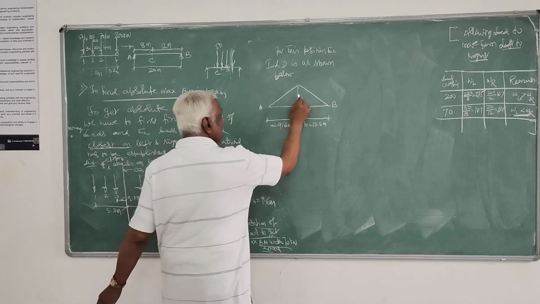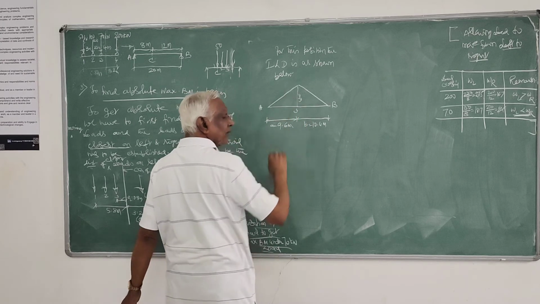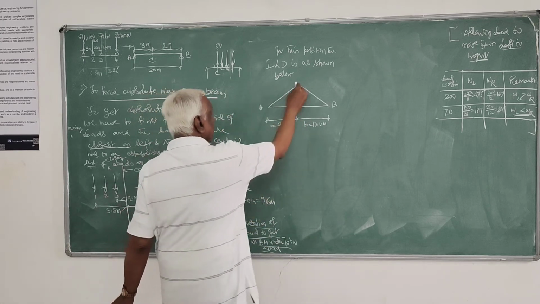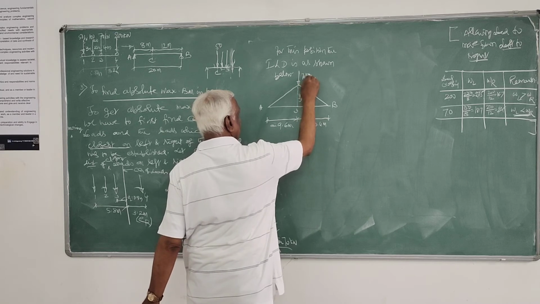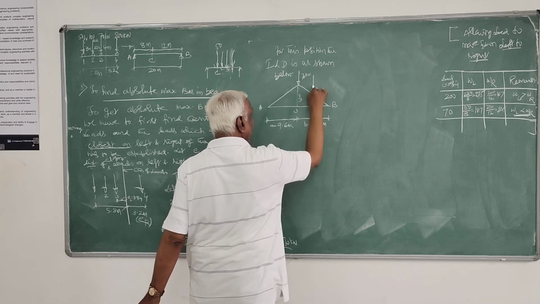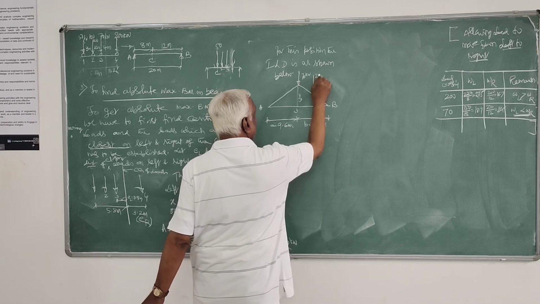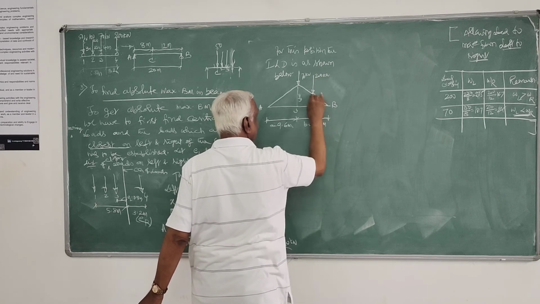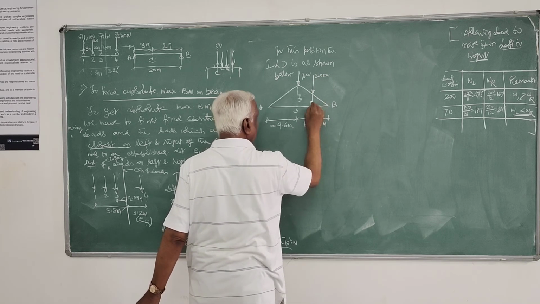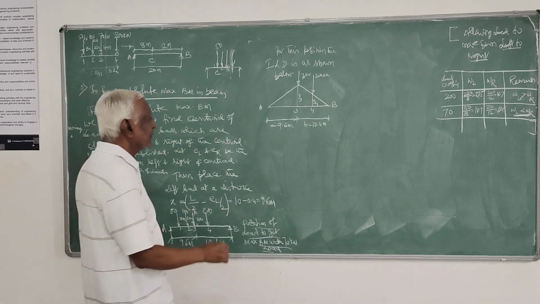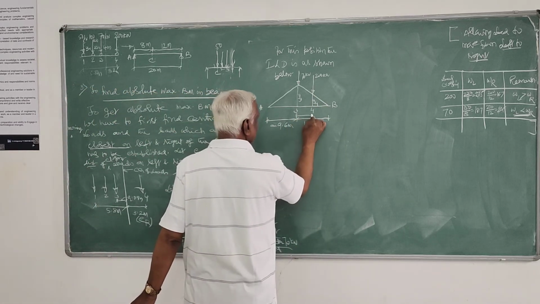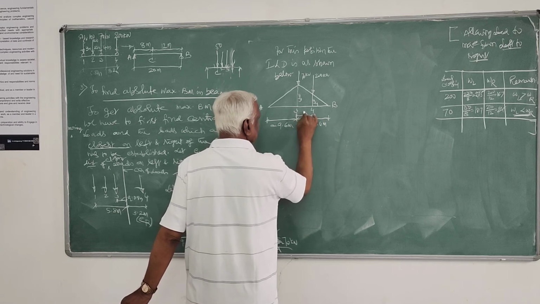So this ordinate is y3, and your load here is 70 kilonewtons, and here you have the other load, 200 kilonewtons, that is load 4, and that ordinate is y4, and this distance is 4 meters, correct?